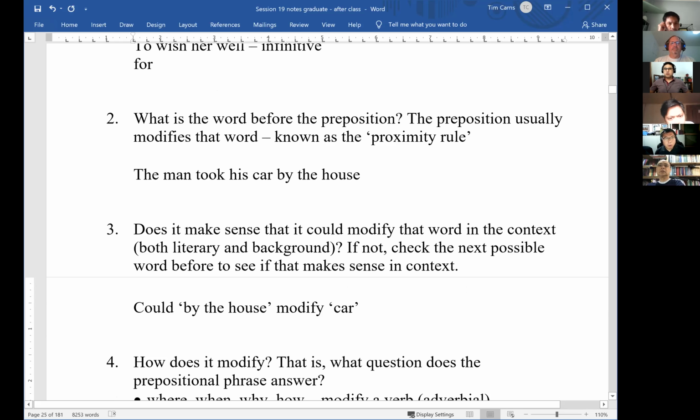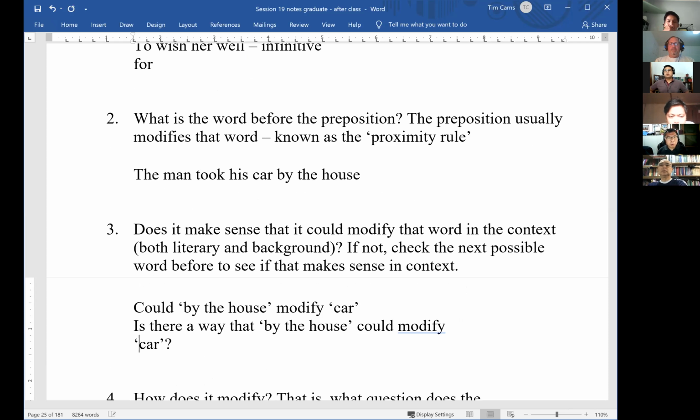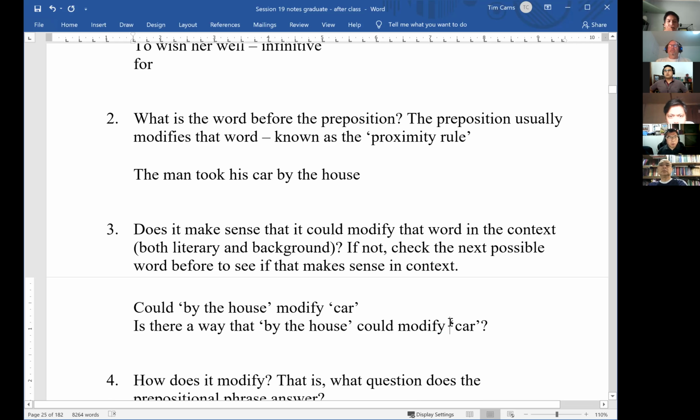Any ideas? Maybe ask it another way: is there a way that "by the house" could modify "car"?